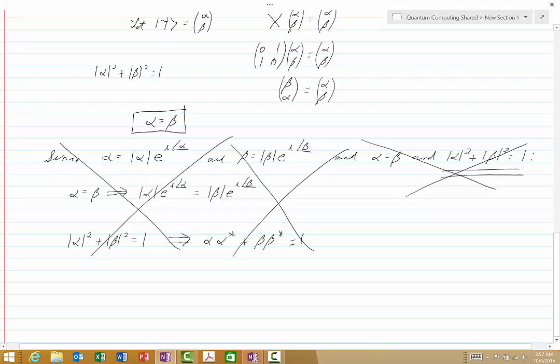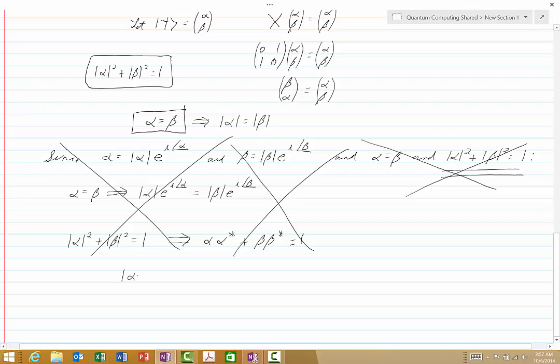And of course, if alpha is equal to beta, then that implies that the magnitude of alpha is equal to the magnitude of beta. And if you substitute that into this equation, the magnitude of alpha squared plus the magnitude of beta squared is equal to 1. Well, let's just do it one step at a time.